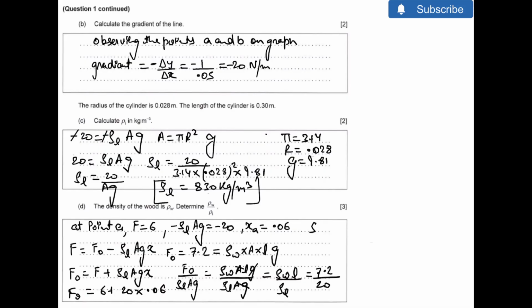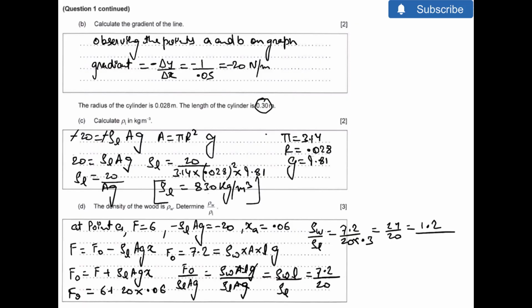So now the value of rho W upon rho L will be equal to 7.2 upon 20 into L. And L is given as 0.3. So it is 72 upon 3, which is 24, and 24 by 20. So it would be equal to 1.2 approximately. Okay, so this will be the correct answer in this case.